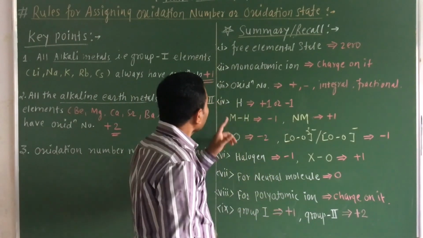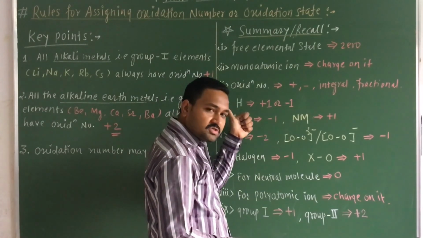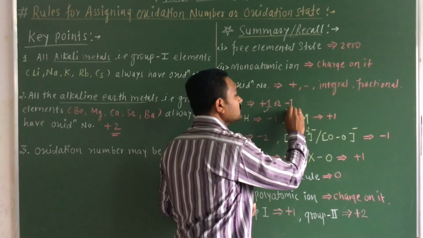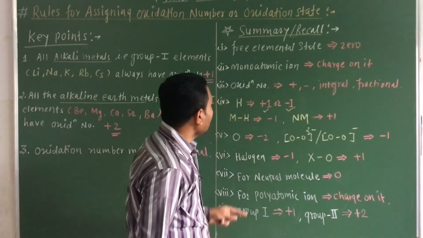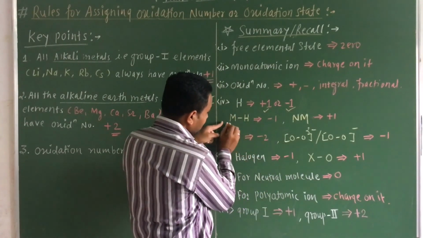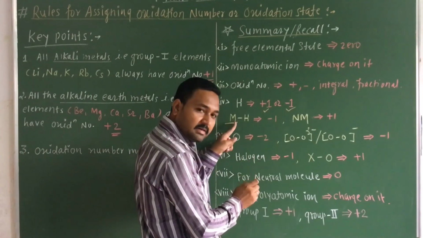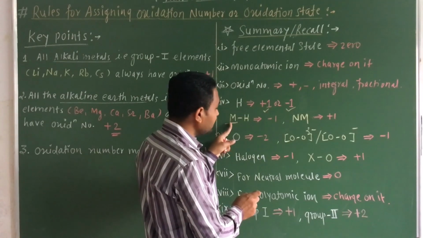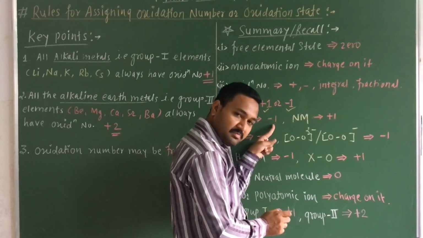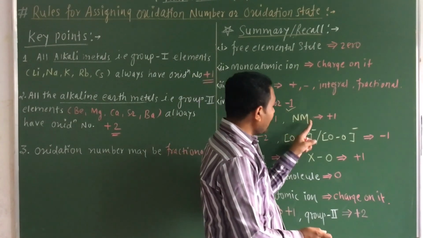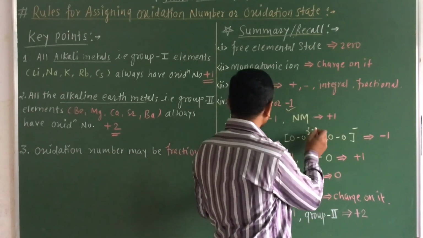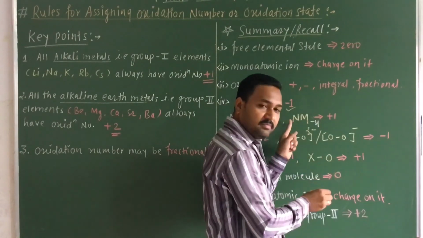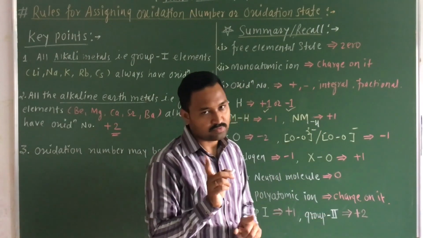Then the fourth rule: hydrogen shows the oxidation number either +1 or -1. When hydrogen is attached to a metal, M for metal, it will show the oxidation number -1. When hydrogen is attached to a non-metal, it will show the oxidation number +1.